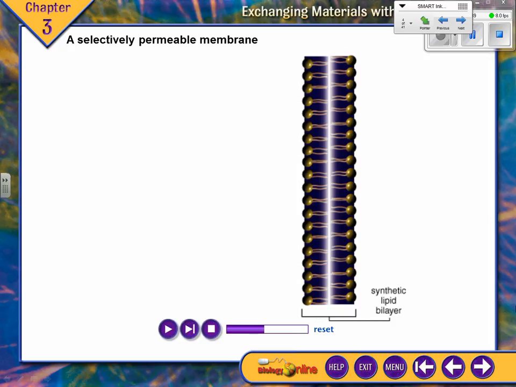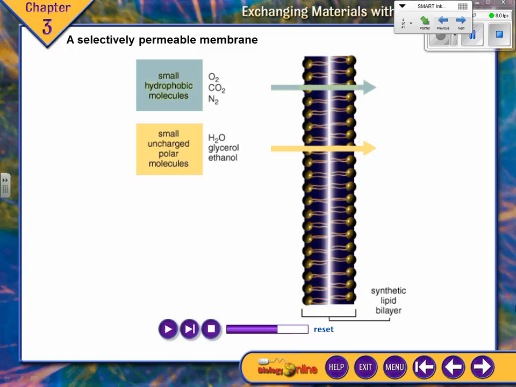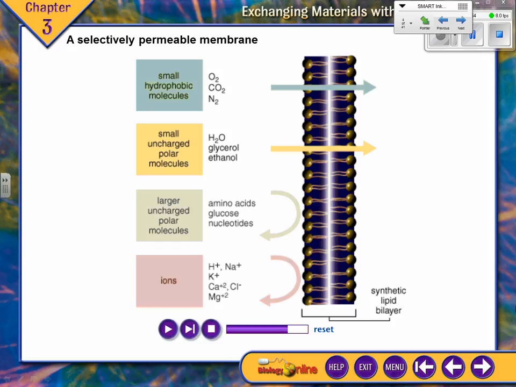The small molecules of nonpolar gases such as nitrogen and oxygen can pass through freely. Small polar molecules such as water, glycerol, and ethanol can also pass freely across the membrane. Larger polar molecules and ions would be repelled by the membrane. By limiting entry, a membrane is selectively permeable, which means that membranes regulate the exchange of materials in a very specific way.